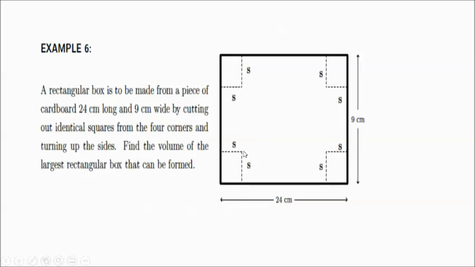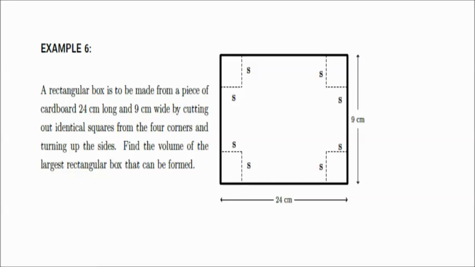How about this one? A rectangular box is to be made from a piece of cardboard. So this is our cardboard, 24 cm long and 9 cm wide, class. So we will make a box from this, class. When making a box, you cut the corners. I mean, you remove these corners and then you fold it up, right?